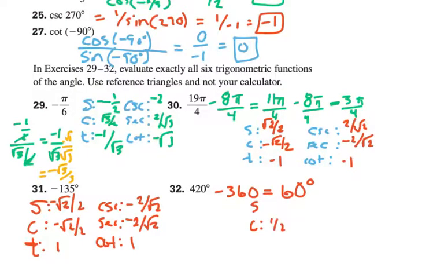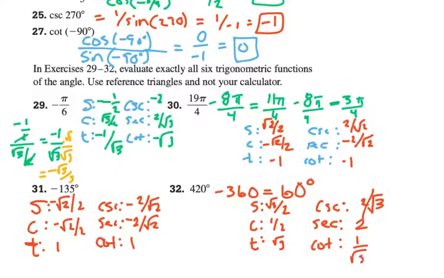Our sine is square root of 3 over 2. And our tangent is those two over each other, so the square root of 3 over 1 technically. So cosecant is flipped. Secant is flipped, so 2, and cotangent is flipped, so 1 over the square root of 3.